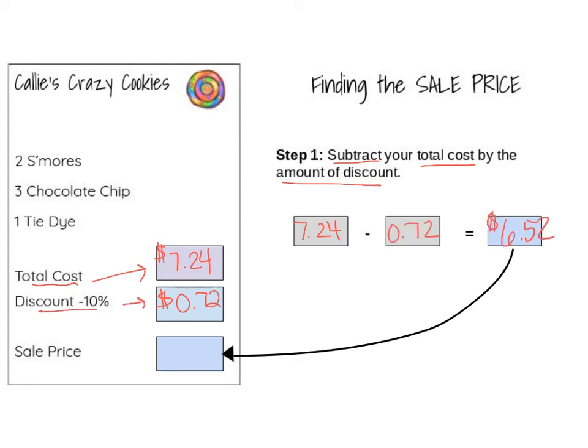You should get $6.52. Again, you're just subtracting the two numbers you found. Hold on, back up a second. This is your sale price. This is how much you are paying without tax added, but after your discount is applied. So $6.52.